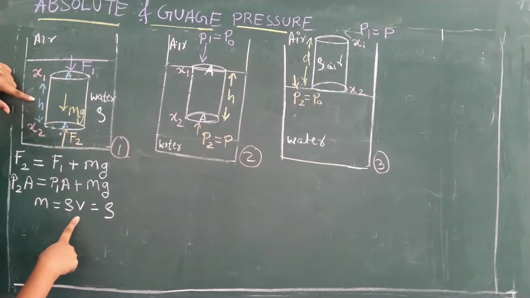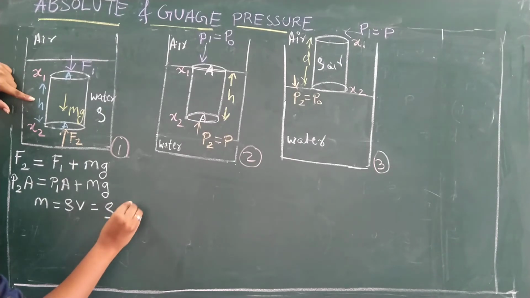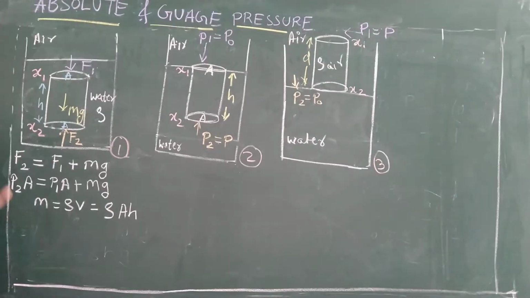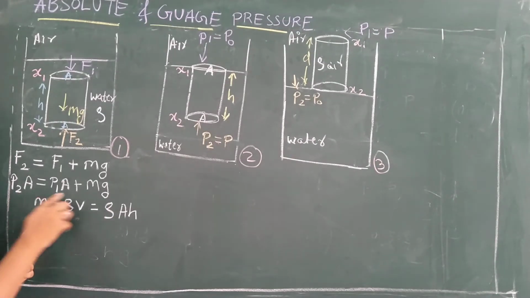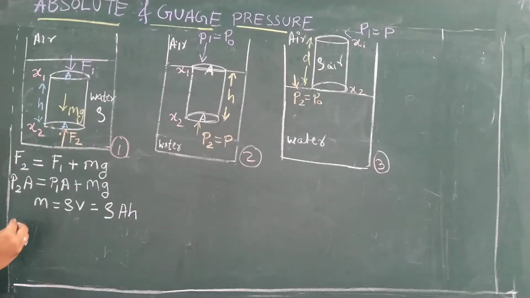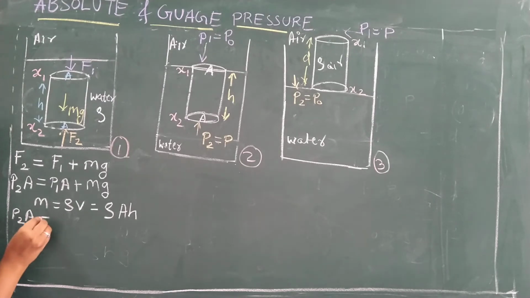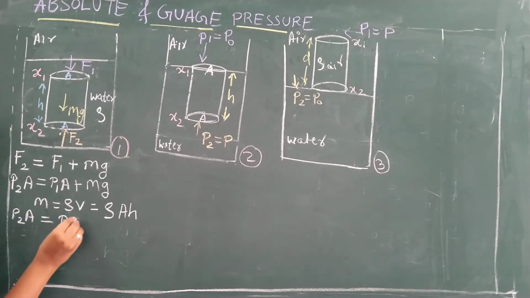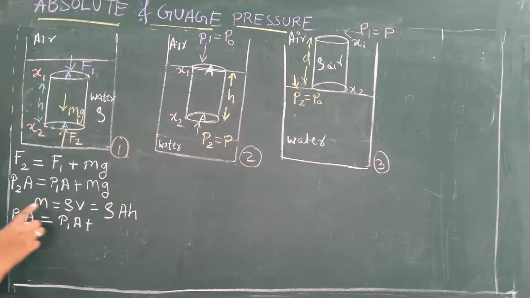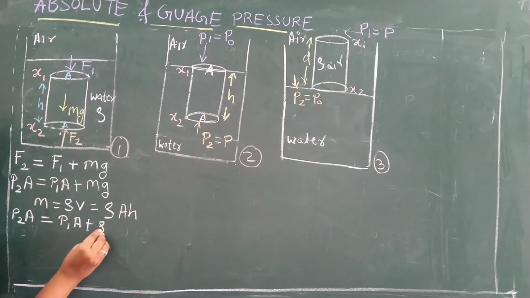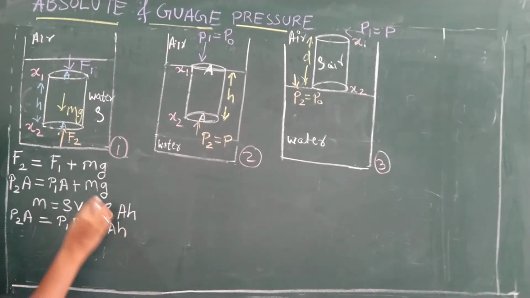So instead of V, I can write here A into h. Once I get m here, I will insert in this equation. So this equation will look like P2A is equal to P1A plus value of m is rho A h, and g as it is.